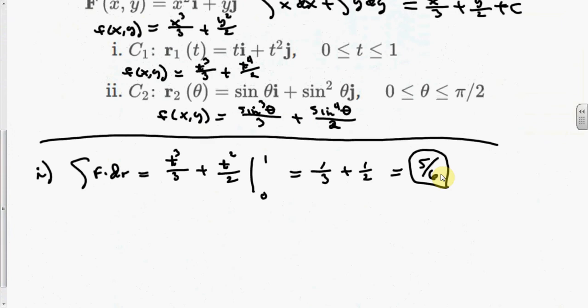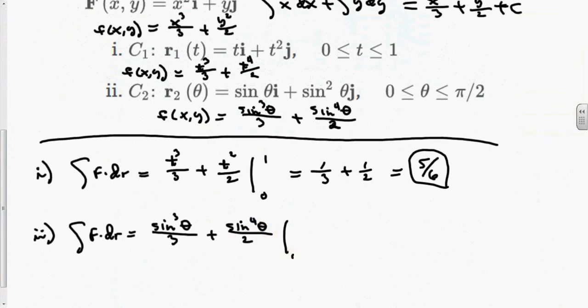Now the same thing should happen here for the second one. This line integral of F dot dr is equal to its potential function, since the vector field is conservative. Here we evaluate this from 0 to pi over 2.